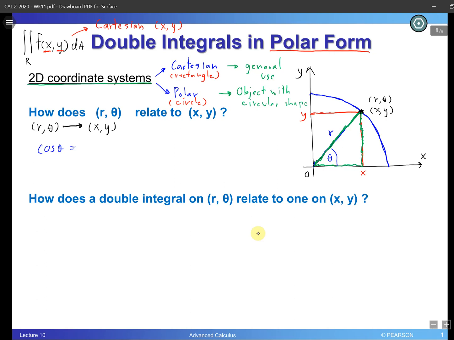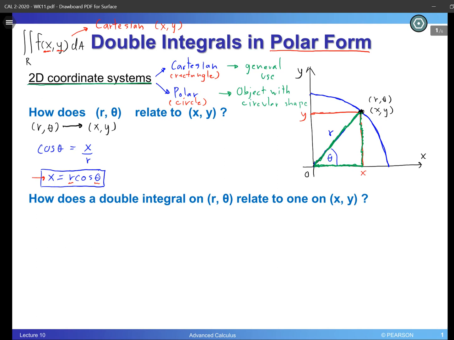The adjacent side is this down here, which is x, right? And hypotenuse right here is r. So you know right away cosine theta equals x over r, which means that x is going to be equal to r cosine theta. And there you go. We have this first relationship between them. If you know r and theta, you can find x by using this relationship.